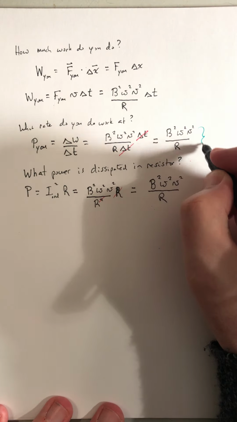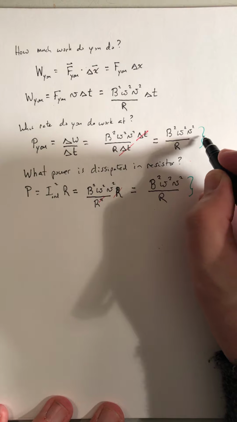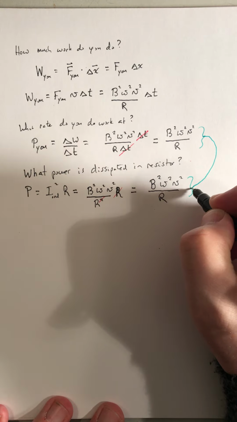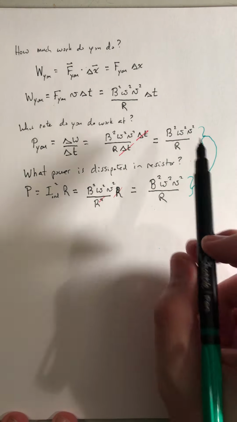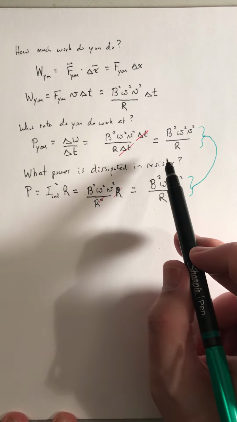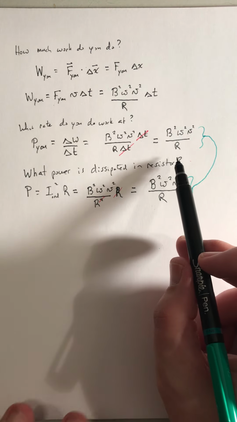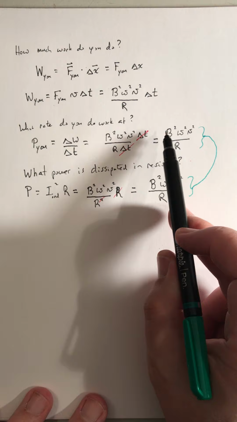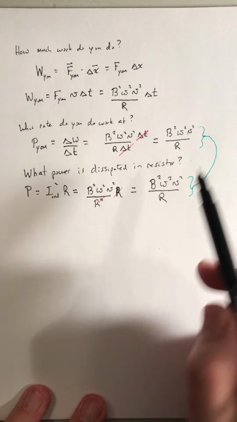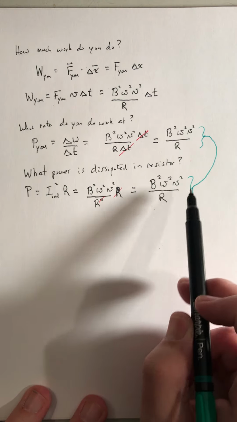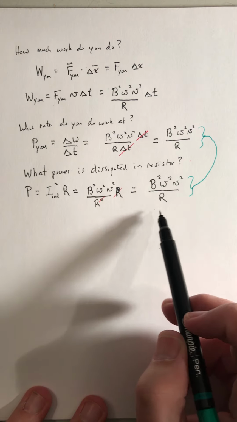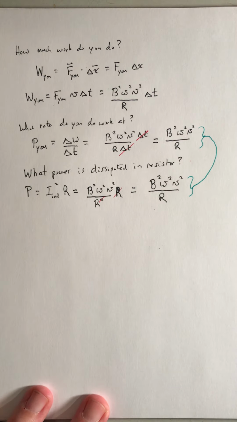And those are precisely the same, as they have to be. Every bit of work that you do pushing against the magnetic force to keep the slider moving at a constant velocity is being consumed as heat in the resistor through Joule heating.